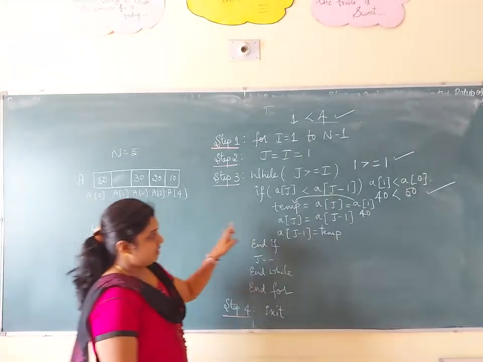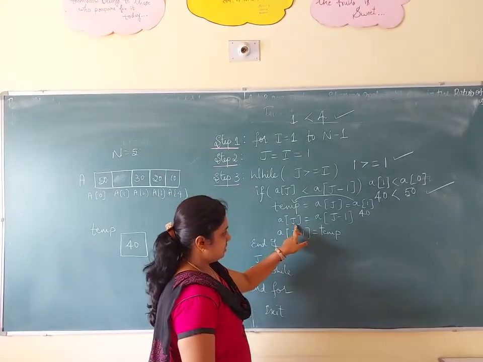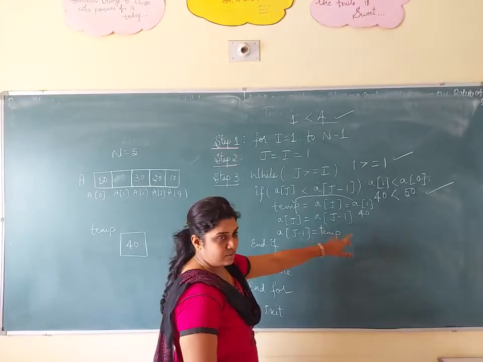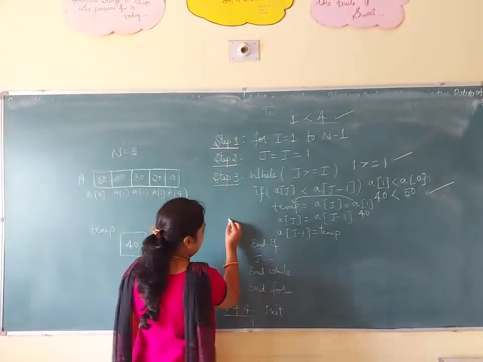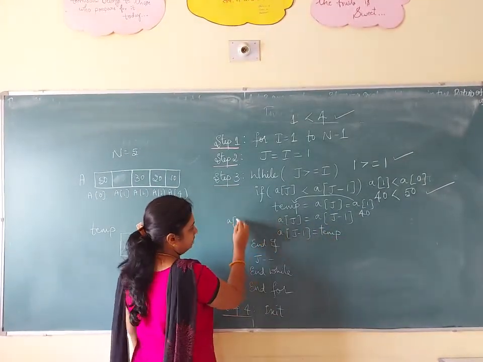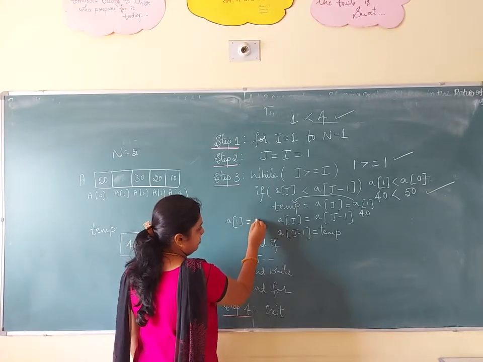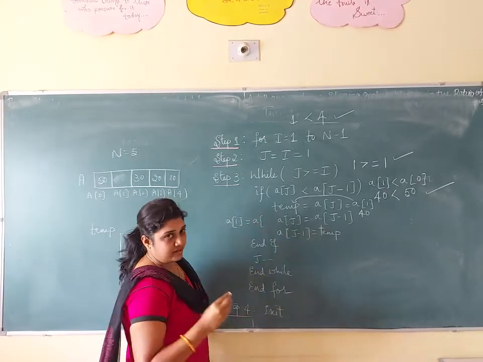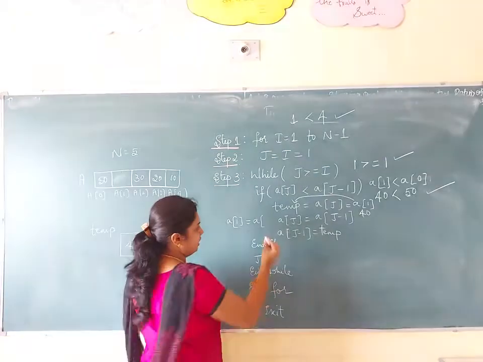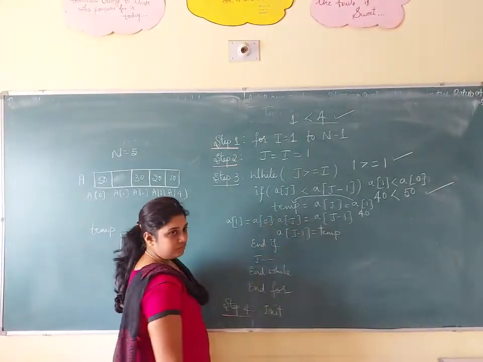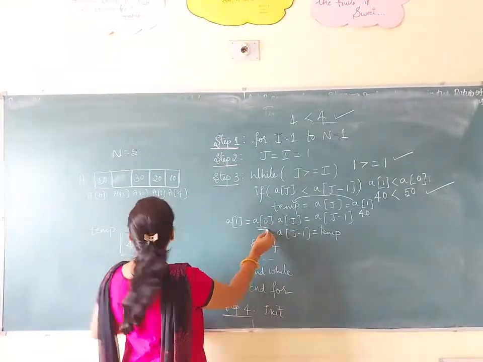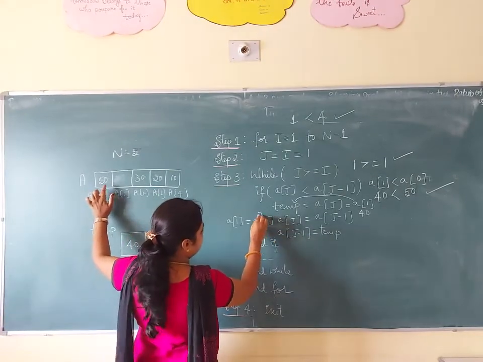Now, the 40 element is stored in the temporary variable. Now, A of J is equal to A of J minus 1. Here, what is the J value? That is 1, so A of 1 is equal to A of J minus 1. That is 1 minus 1, you will get 0. Now, in A of 0, we have an element 50.